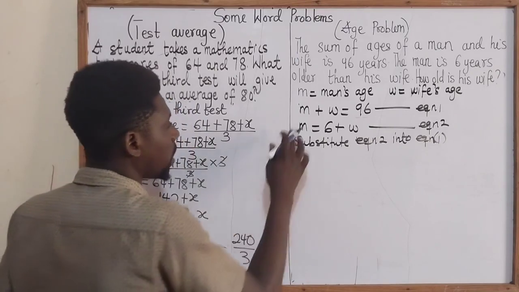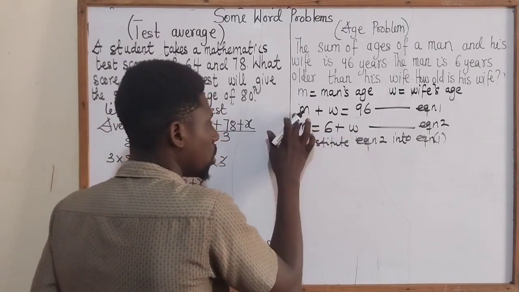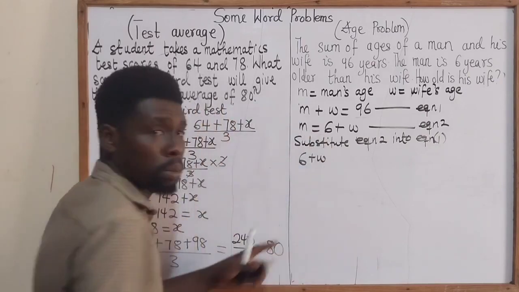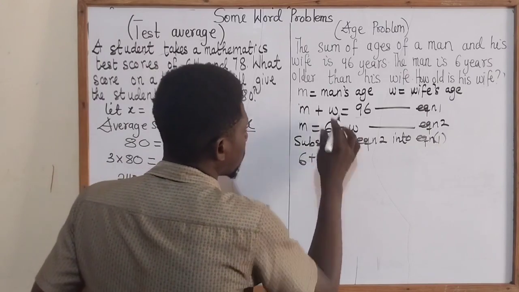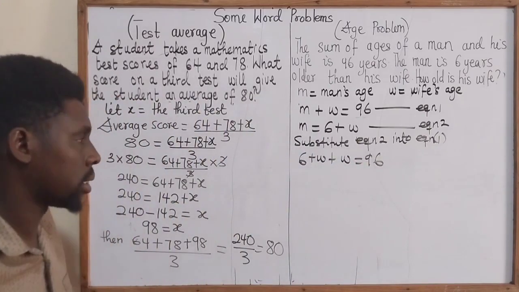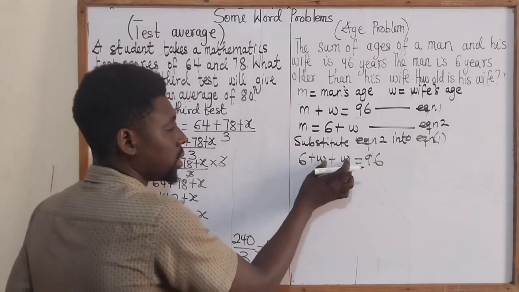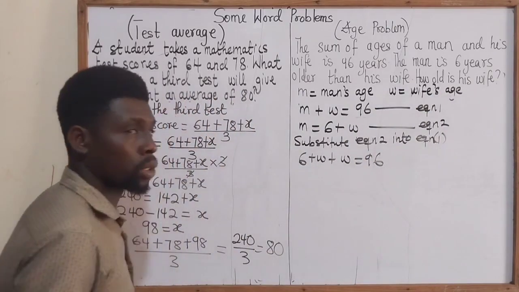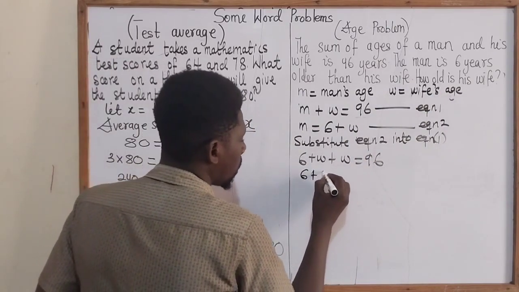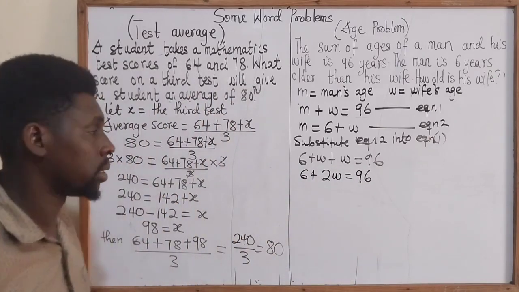Then by so doing, we will have M as 6 plus W. So instead of writing M, I can say 6 plus W plus W equals 96. Okay, so now let's solve for W. We know that this is the wife's age, okay? So by adding like terms, we are going to get 6 plus 2W equals 96, all right?